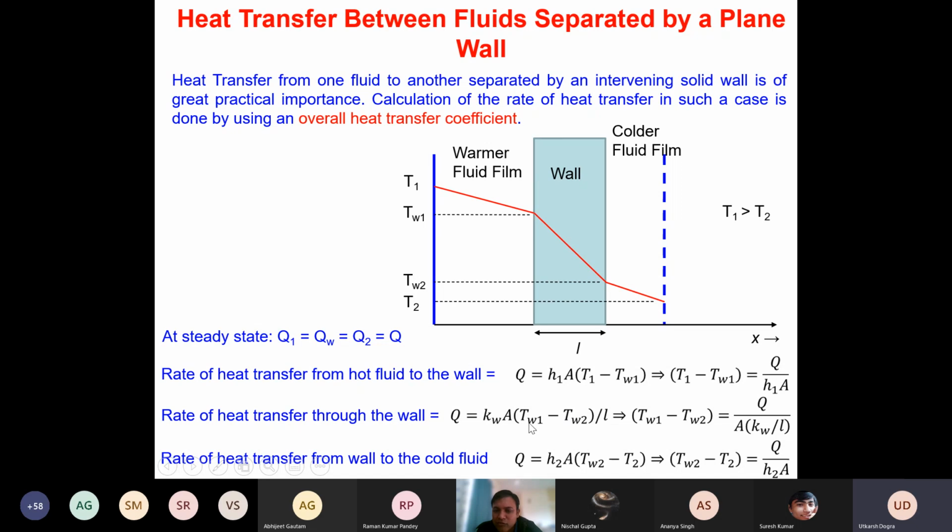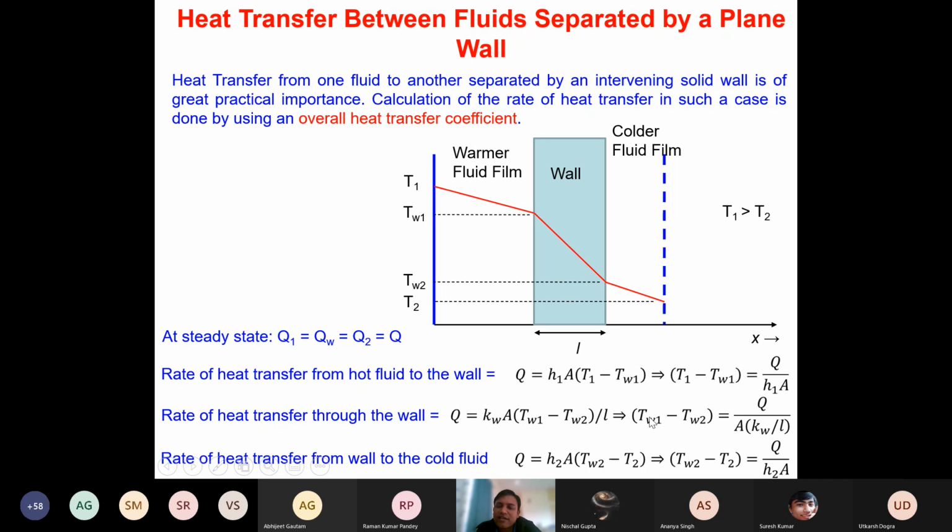Do you all agree? That's why we have put KW. Yes, sir. This comes from Fourier's law of heat conduction, because only conduction is going to take place through this wall.